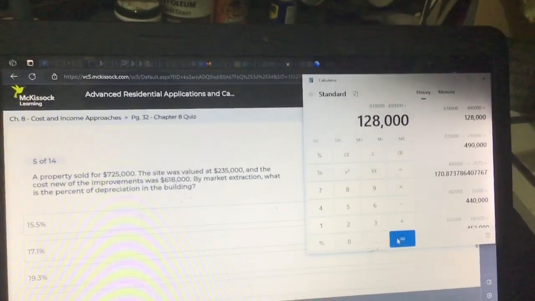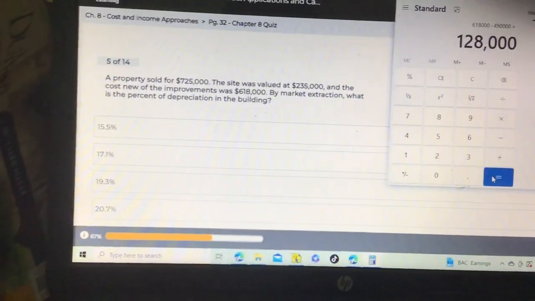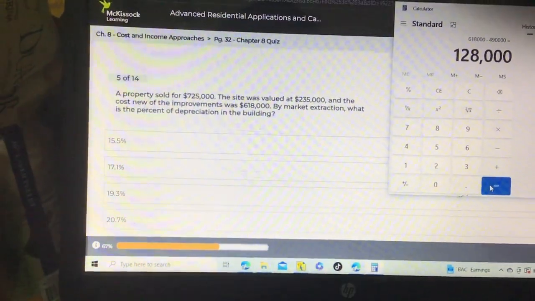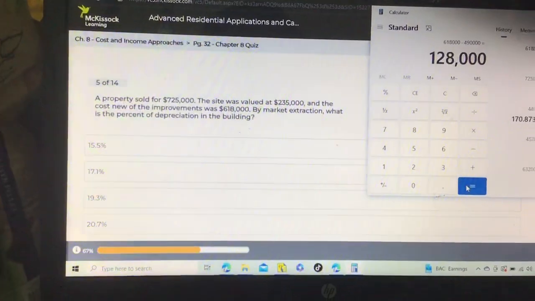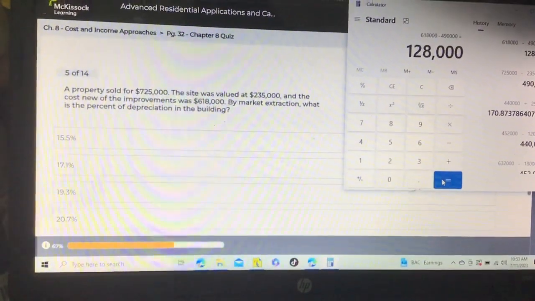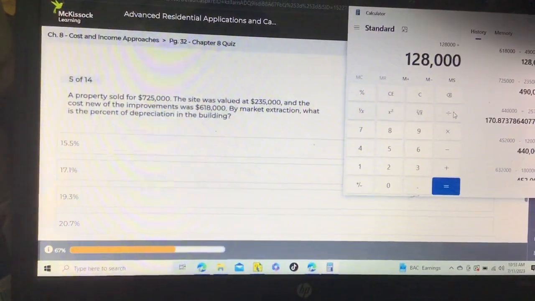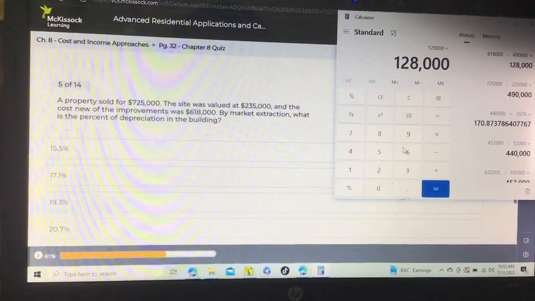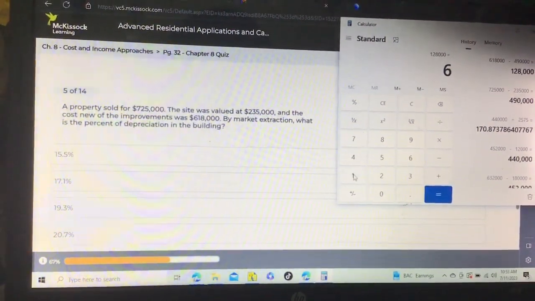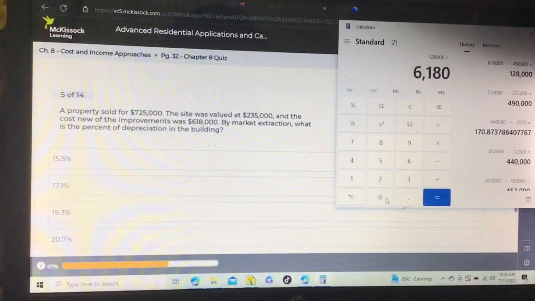Okay, now we're going to enter into phase 3. Phase 3, you're going to take the $128,000 lump sum depreciation and you're going to divide it by the estimated cost new, $618,000.